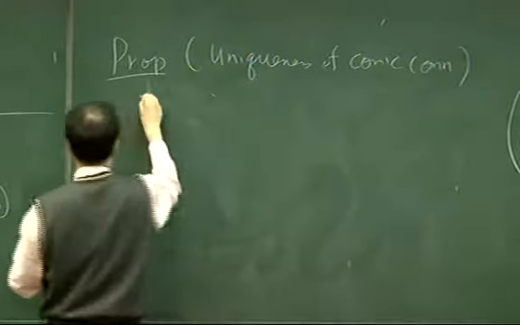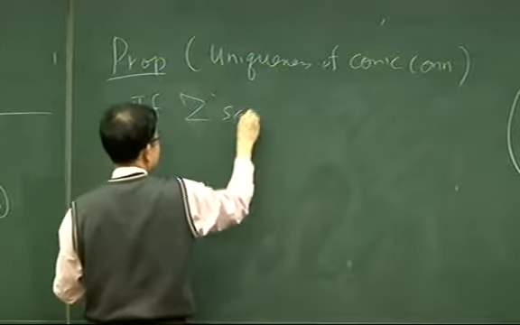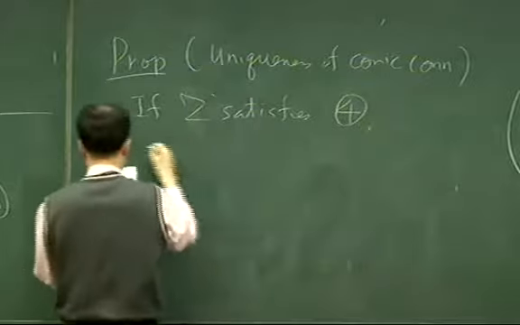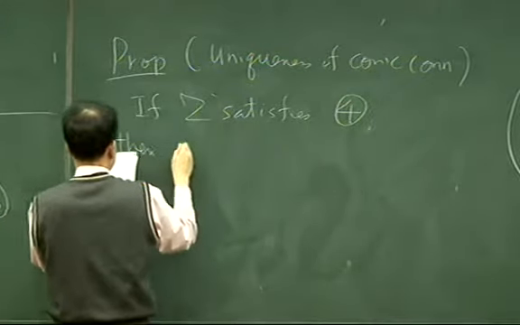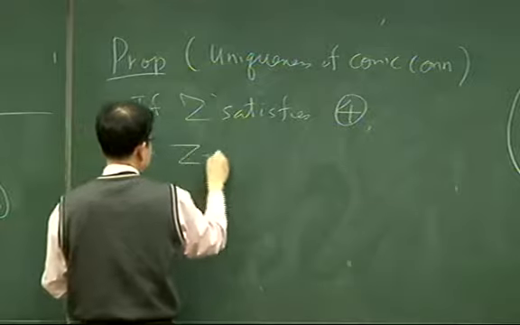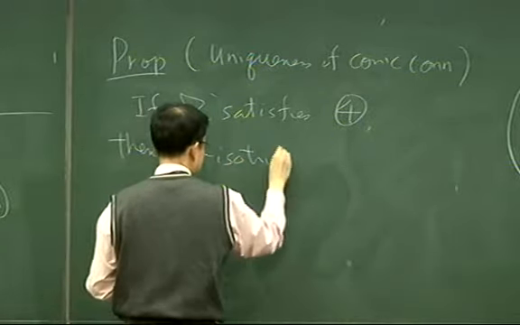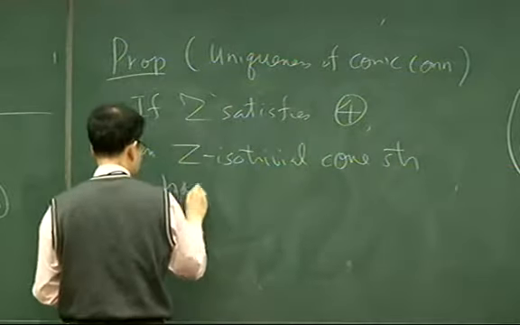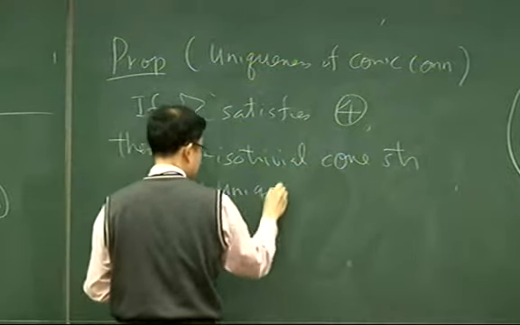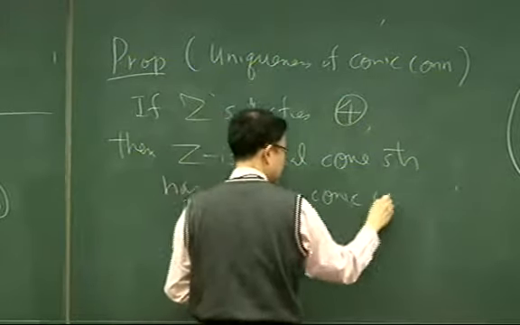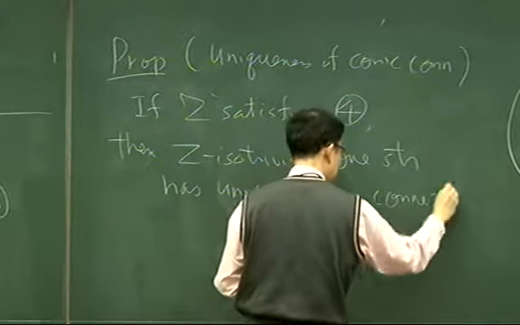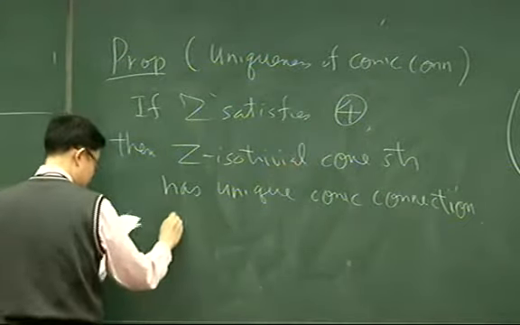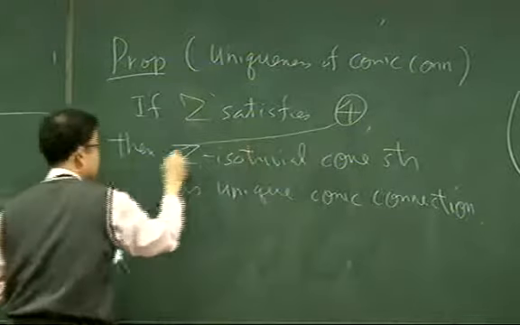So this means that if Z satisfies the condition 4, then G into G has a unique conic connection. And this is because this condition 4 was the vanishing of this.